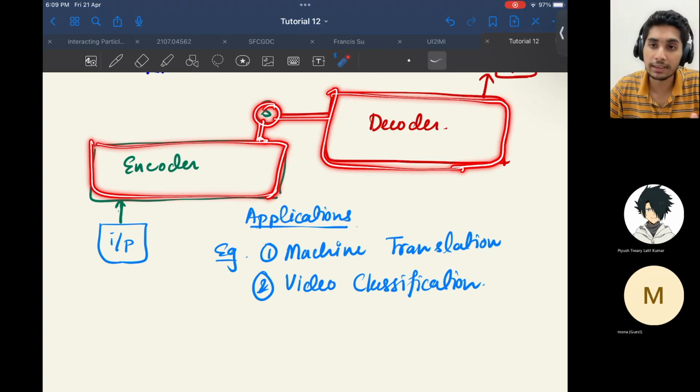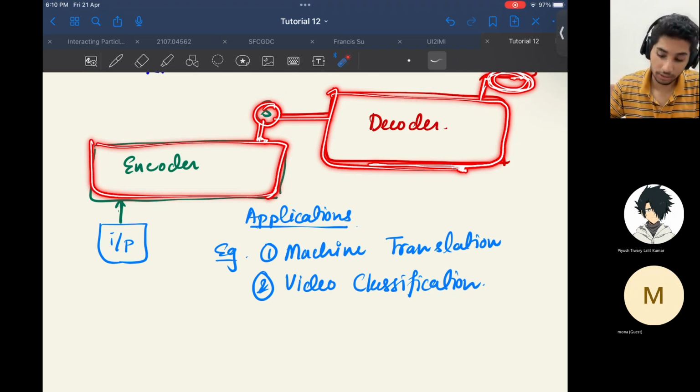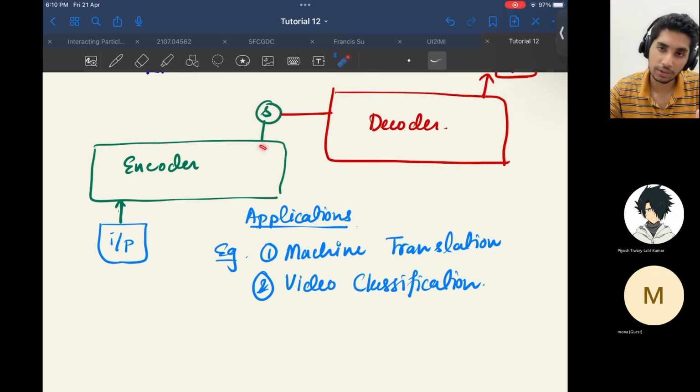For example, is the video funny or not, or is the video horror or not? There can be several classifications. The encoder will be forced to learn some semantics of the video image sequences, and the decoder will take this summary and classify whether the given video is of one of the classes or not.